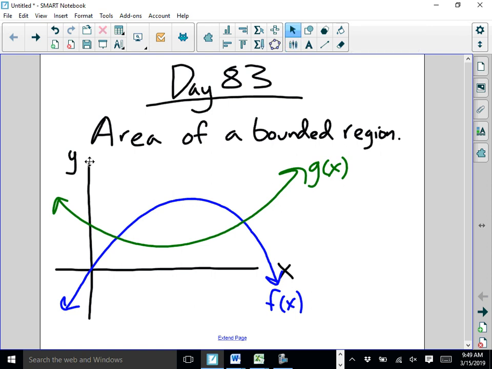Bounded means it forms a complete boundary, right? So it's like the fenced-in area between these two functions. So what I'm looking for here is I want to know what is this area.